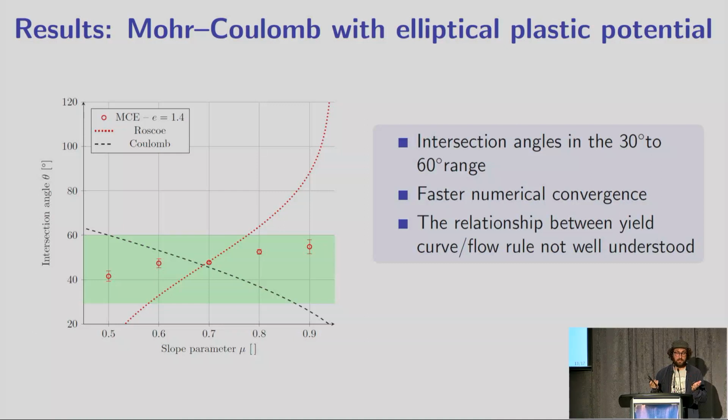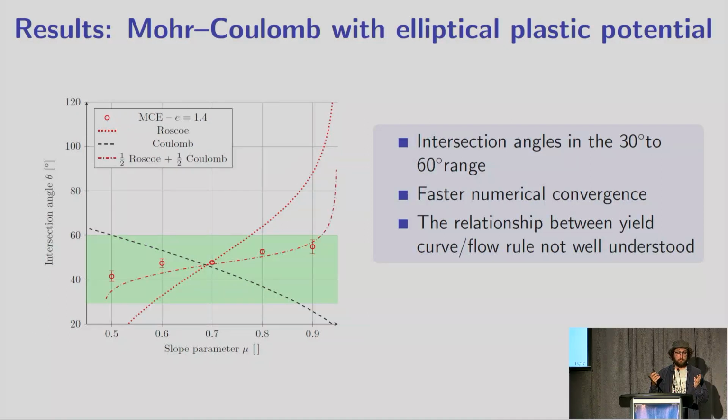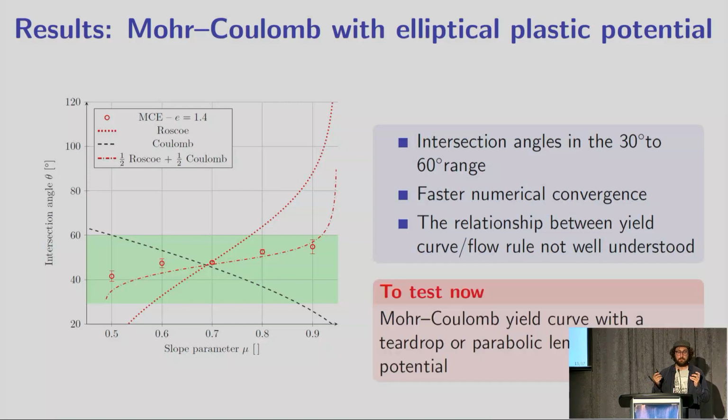And what's actually interesting is that we are almost exactly in the middle between both of them, something we don't really understand. And that's what we are going to test now in the other Mohr-Coulomb yield curves that I was talking about before, with the teardrop and the parabolic lens plastic potential. So, yeah, that's all.